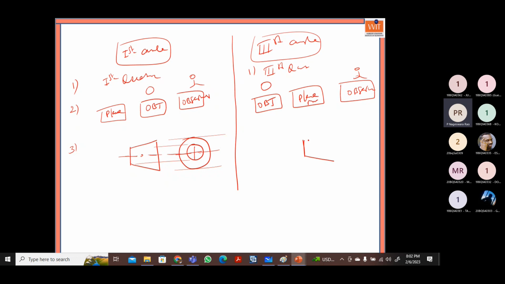This is the symbol for third angle projection. So this is the first angle projection symbol and this is the third angle projection symbol. So these are the basic differences here.